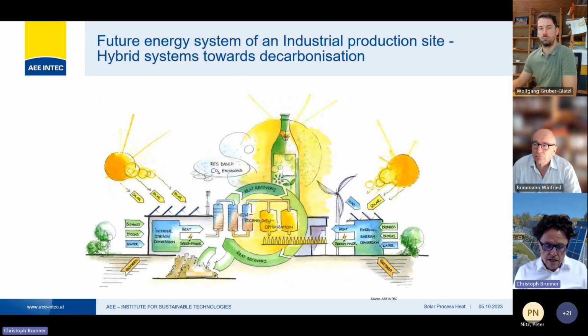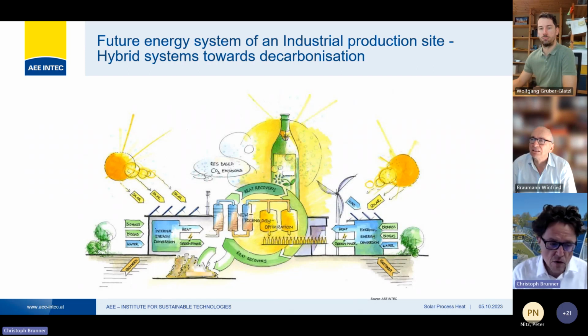Yeah, what is now a future energy system for industry? How should this look like? It will not be like in the past that only one fossil energy carrier is supplying the energy to the industry, like oil or like natural gas.